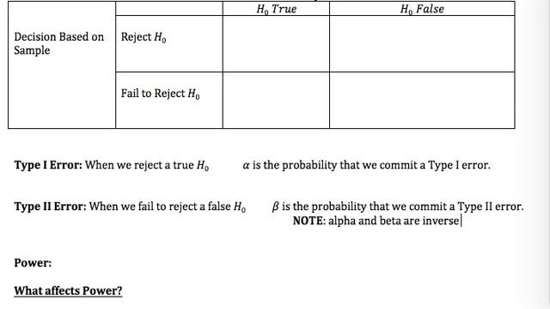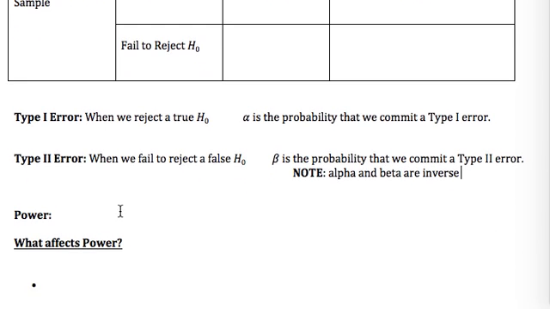So if one goes up, the other goes down. Vice versa for both. I think that has to do with what we talked about with confidence intervals at the very beginning of inference. If you sacrifice confidence, you can gain accuracy. If you sacrifice accuracy, you can gain confidence. This is a give and take relationship just like that with alpha and beta.